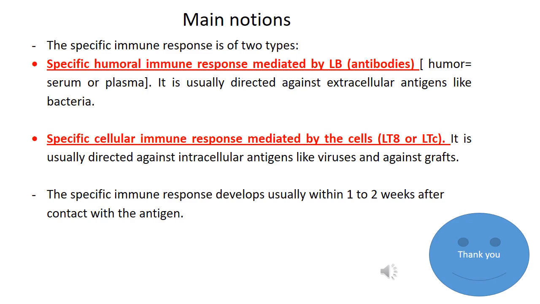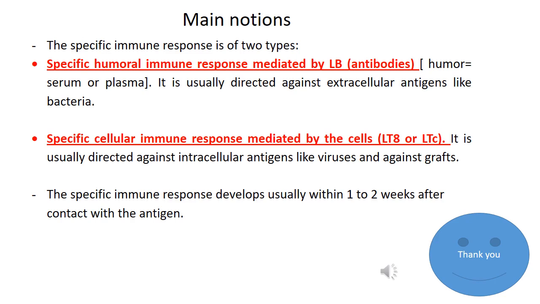The second type of immune response is the specific cellular immune response that is mediated by the cells T8 or Tc, and thus in this case it is usually directed against intracellular antigens like viruses and against grafts. So whenever you are infected with a virus, the specific immune response triggered will be mediated by the lymphocyte T8 or Tc.